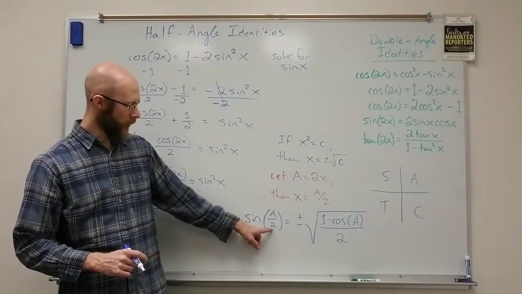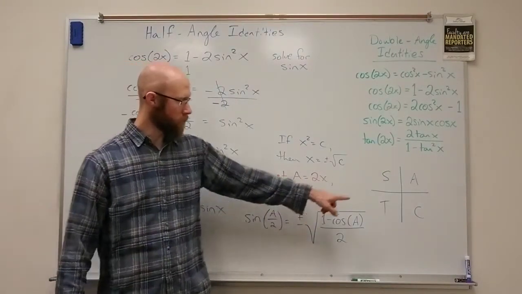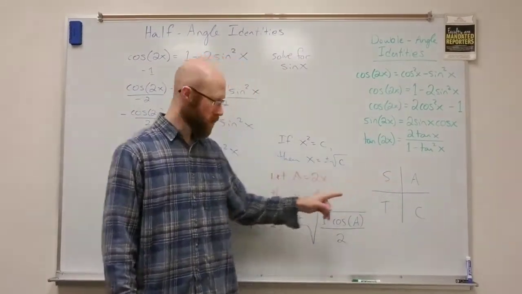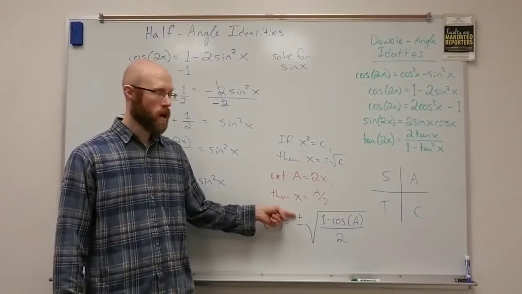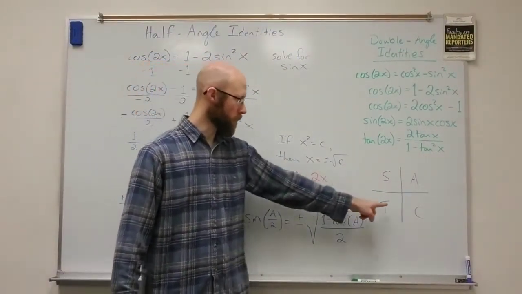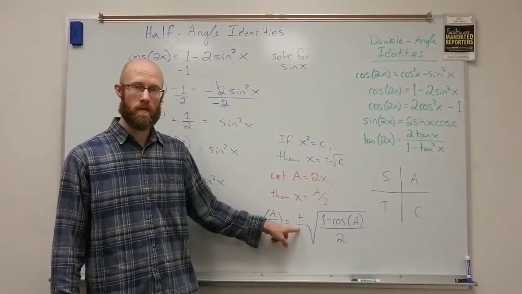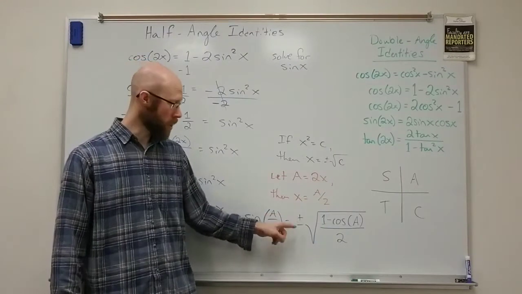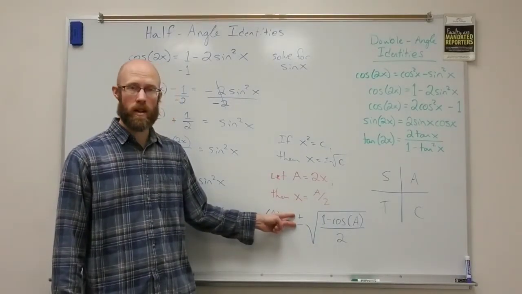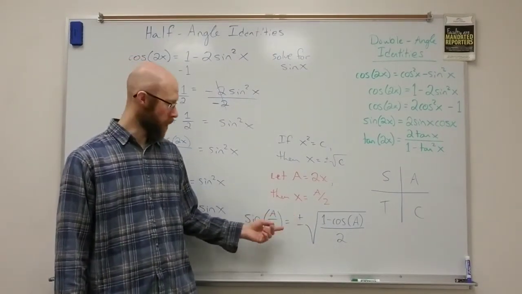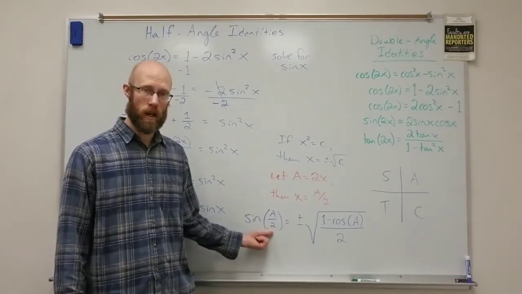If a over 2 terminates in the first or second quadrant, we choose the plus. If a over 2 terminates in the third or fourth quadrant, we would choose the minus. So you choose the sign of the sine based upon where a over 2 terminates.